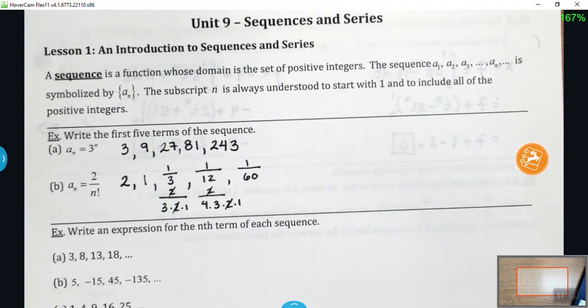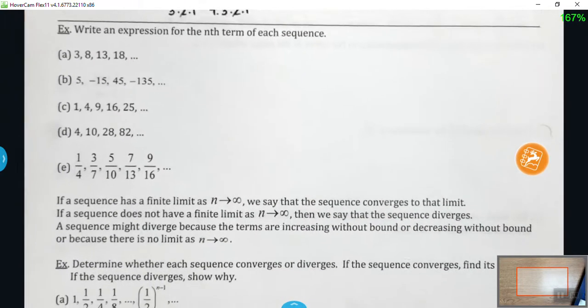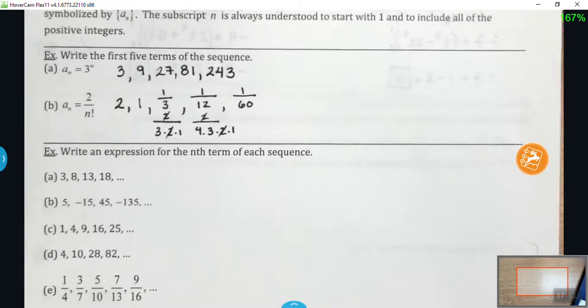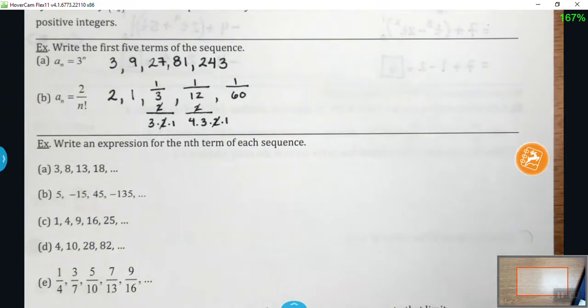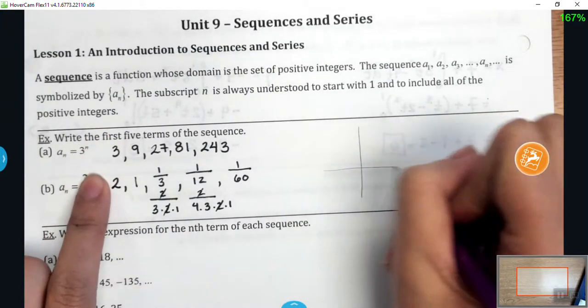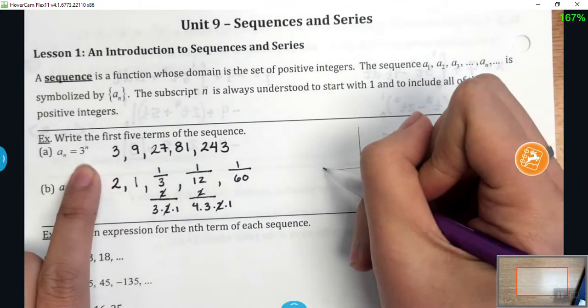All right. Easy peasy. Now, here's what a sequence does. It's still kind of like a function. For example, if I had 3 to the n, it would look like this.